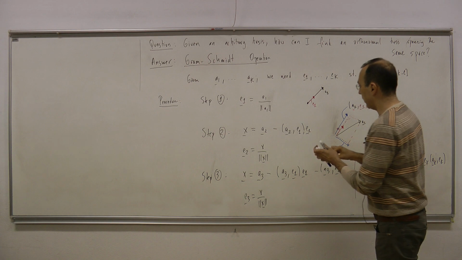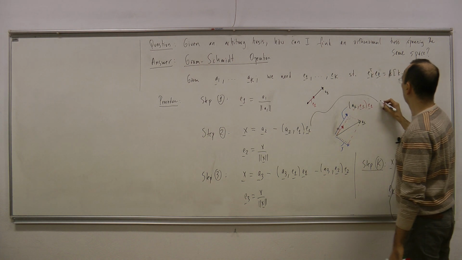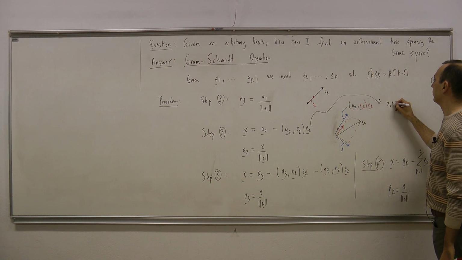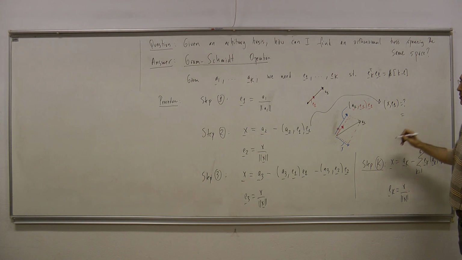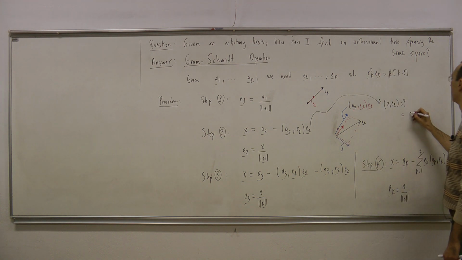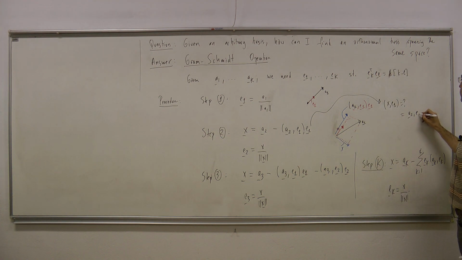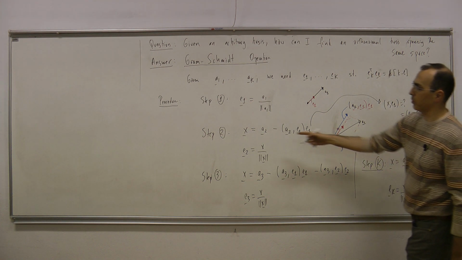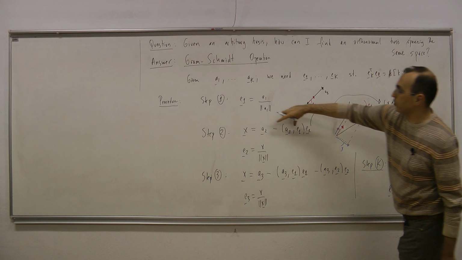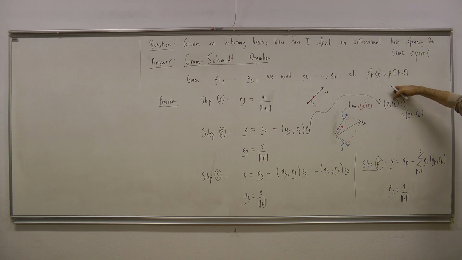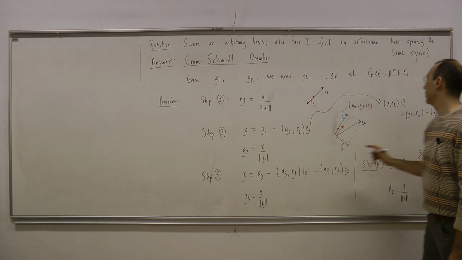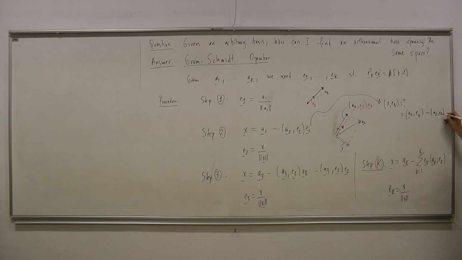So let me also write that. So x inner product with E1 is what? According to this, it is A2 inner product with E1, because I'm putting this x over here. Because of the linearity, I have A2 minus, now this is just a constant, A2, E1, it goes out.